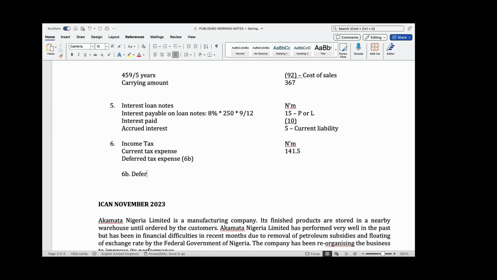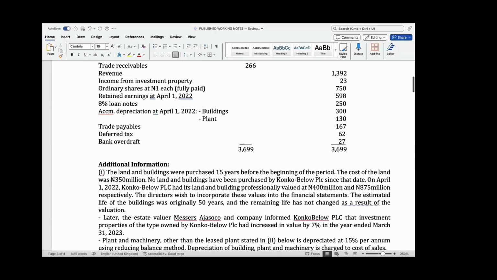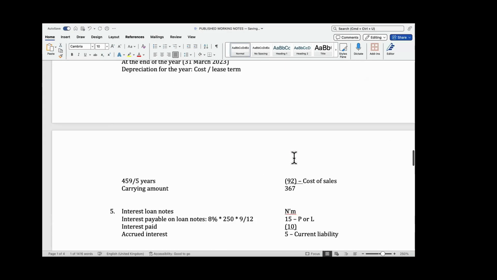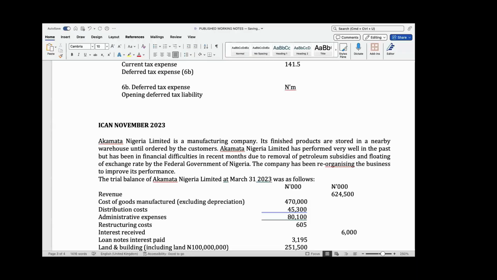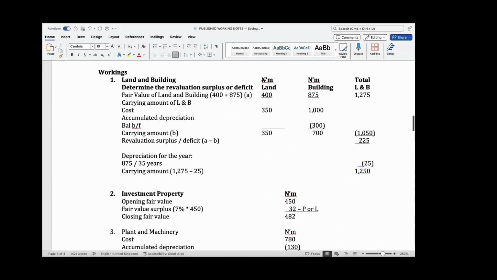So my deferred tax expense is usually the difference between the opening balance, opening deferred tax liability, which is in the trial balance of 62, and my closing deferred tax liability, which they will give me in the additional information.